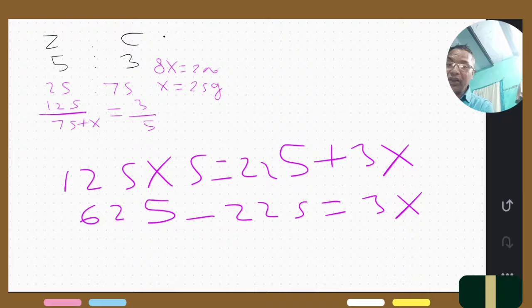Now this 25 will cut 25. So what will we have? 6 minus 2, 4. 400 equal to 3x.